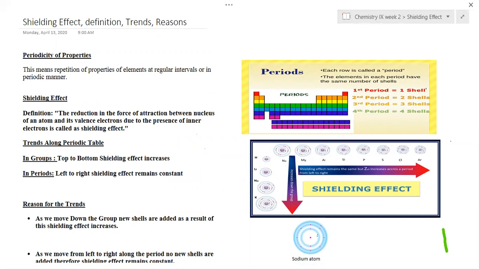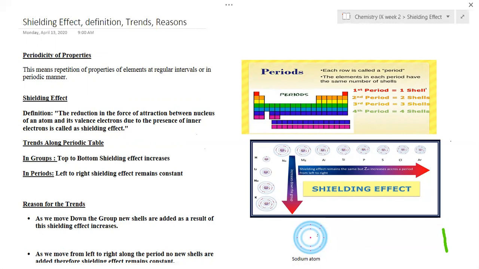As we talked about the properties and characteristics of the periodic table in the last lesson, the chemical properties of elements are repeated at regular intervals, and this is called periodicity of properties.